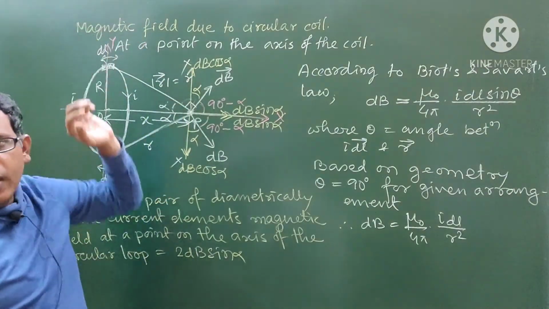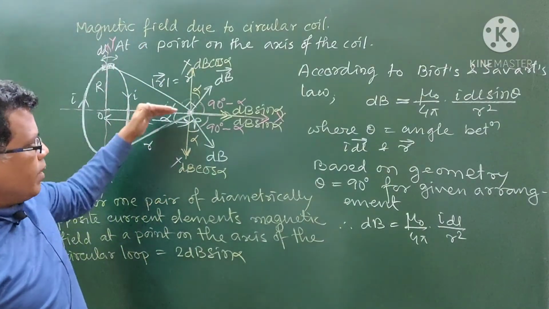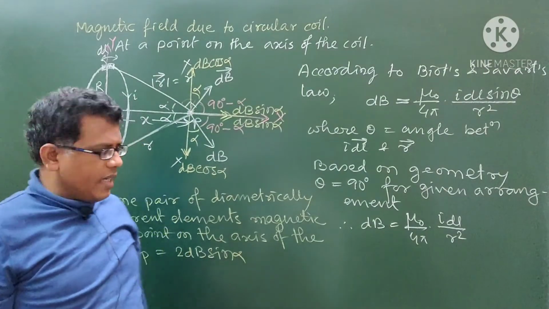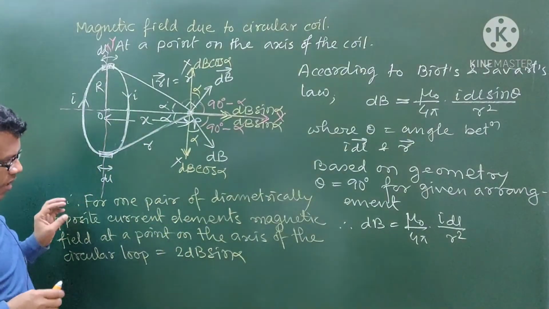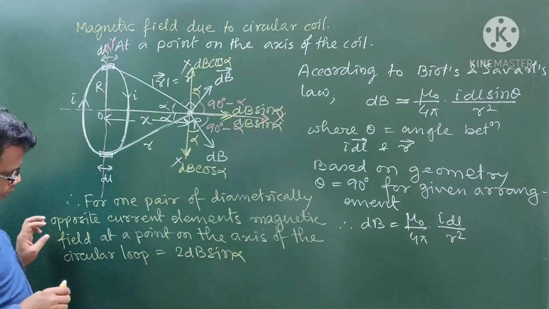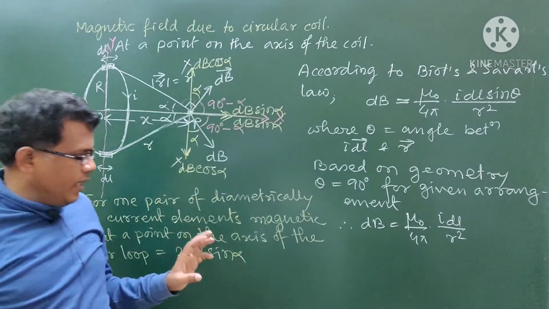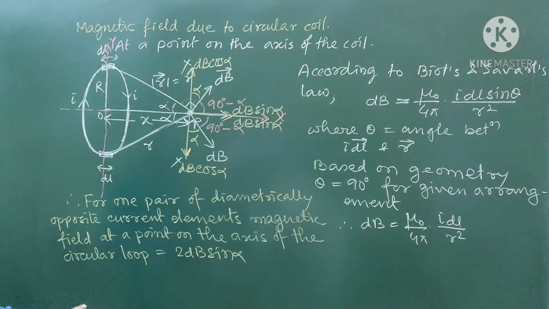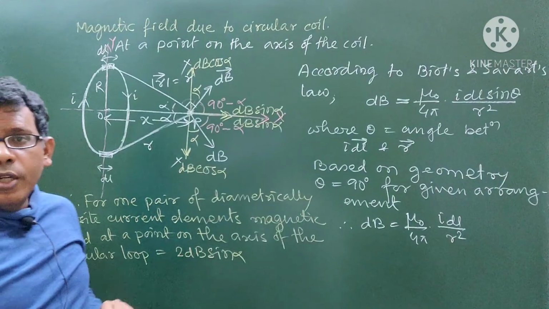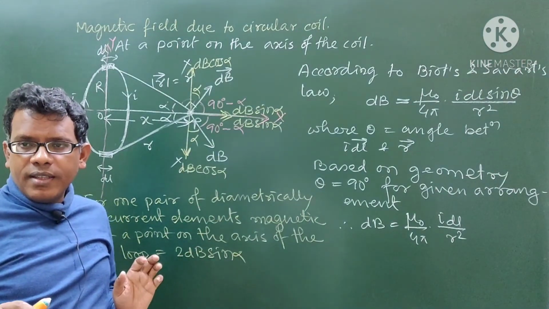Their result is of no use, but their sine components add up. That's why I am writing that for one pair of diametrically opposite current elements, the magnetic field at a point on the axis of the circular loop will be 2 dB sin alpha, right?